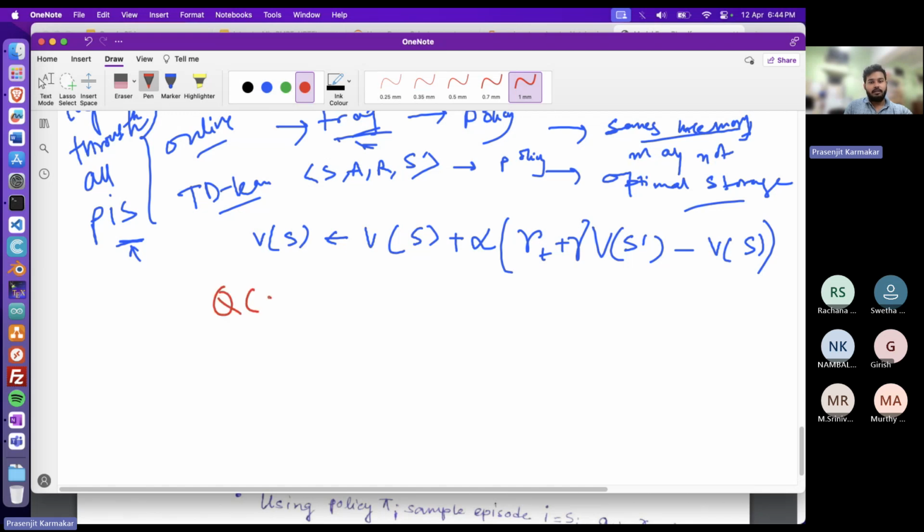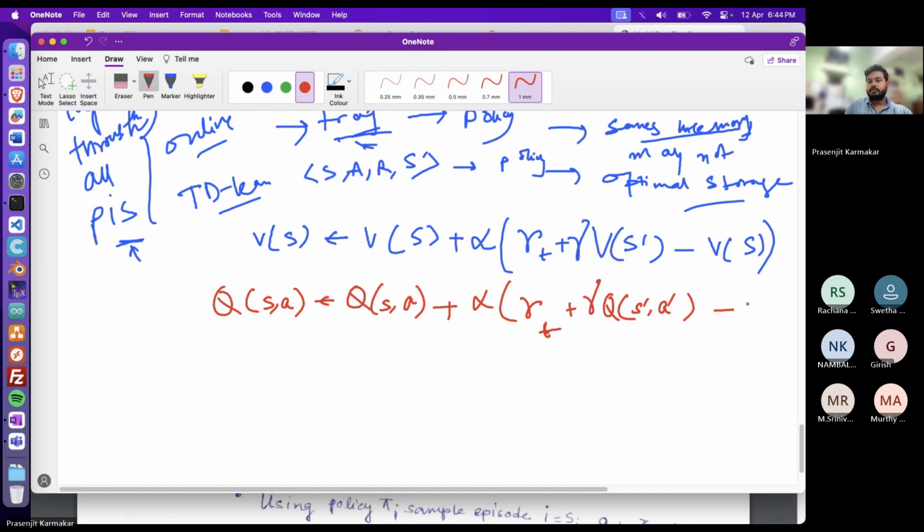So my Q(S,A) would be updated to Q(S,A) plus learning rate alpha times the current reward R_t plus gamma Q(S prime, A prime), where A prime means the next action I would take, minus Q(S,A). See, this also holds.